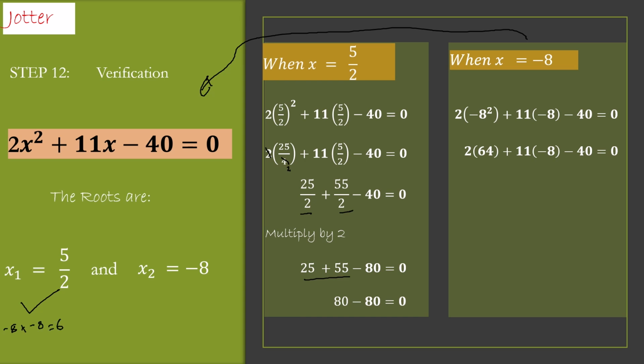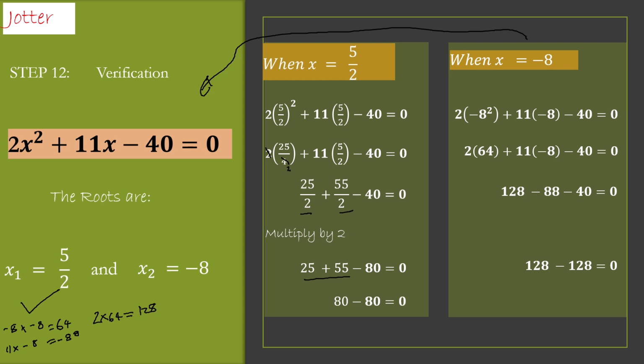Then 11 times minus 8 will give us minus 88, because plus times minus will give us minus. So we have our expression to now be 2 times 64, which gives us 128, and 11 times minus 8 is minus 88. So we have 128 minus 88 minus 40.